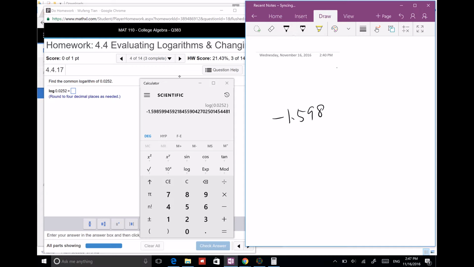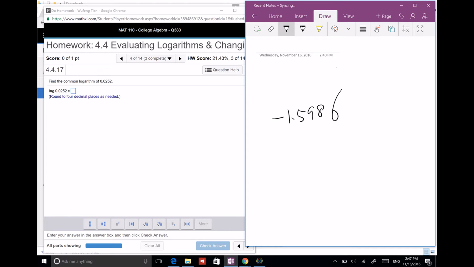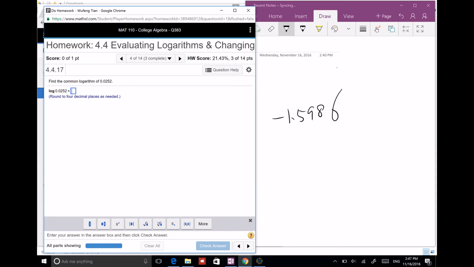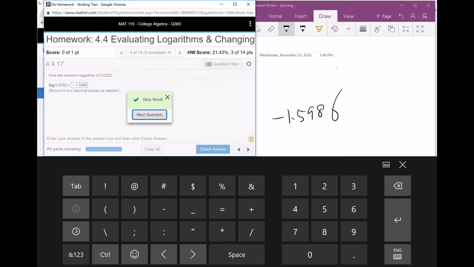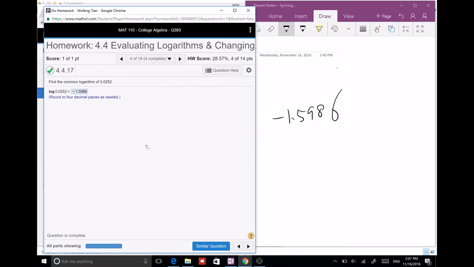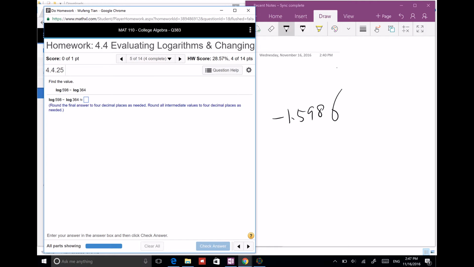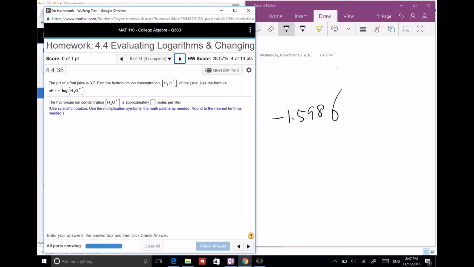Actually, it is 86. Negative 1.5986. Okay, you can use a calculator to find that, which is not hard.